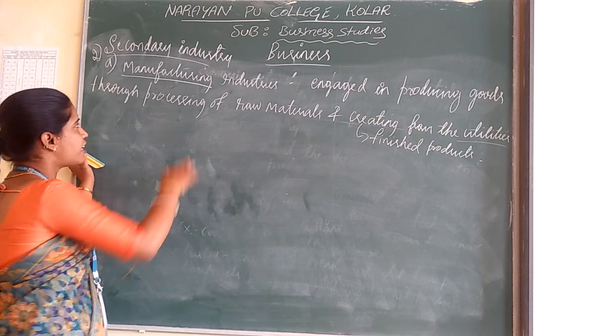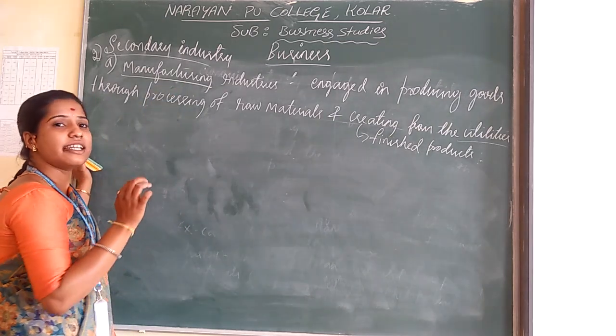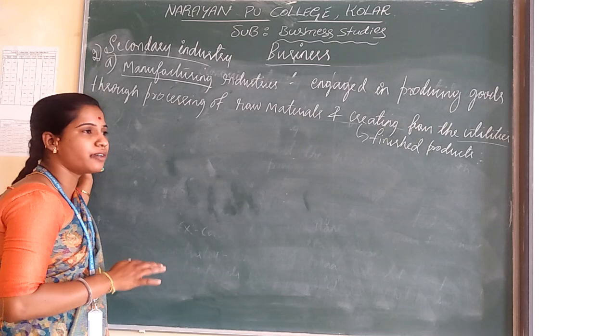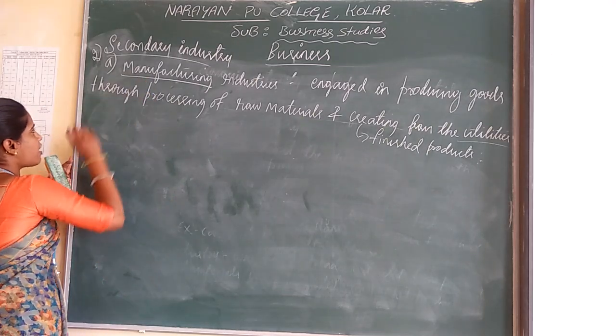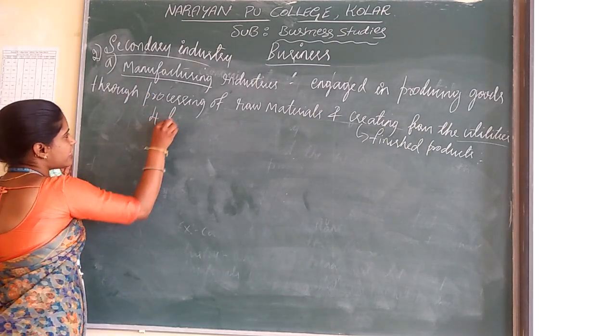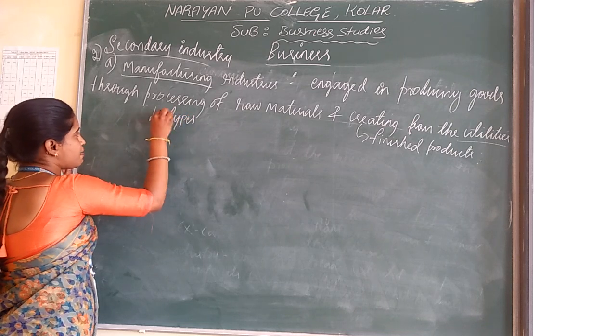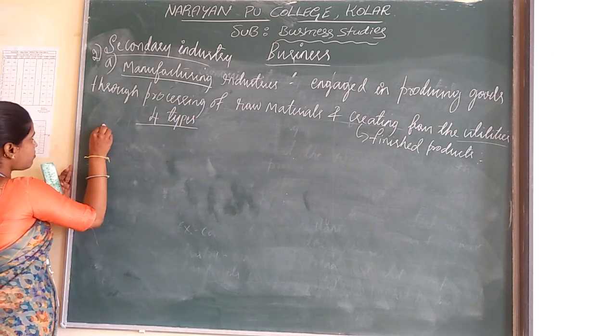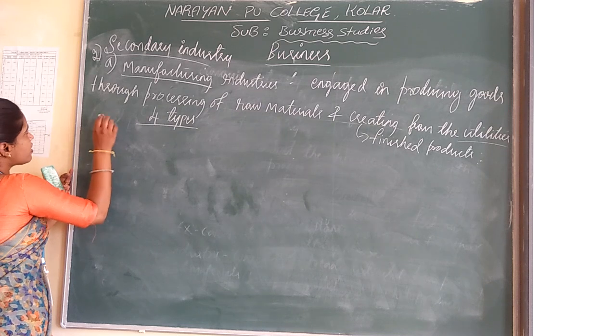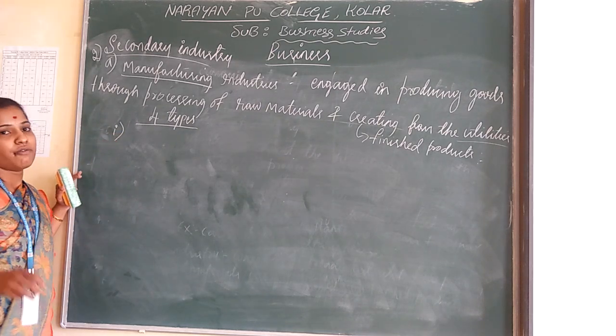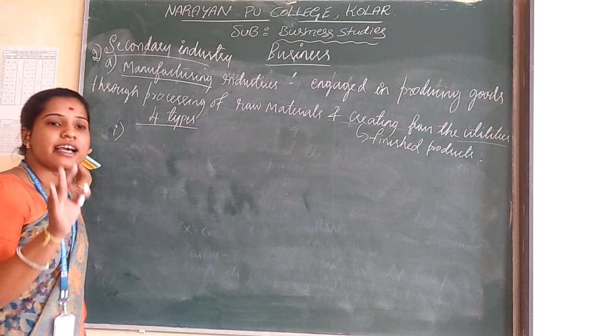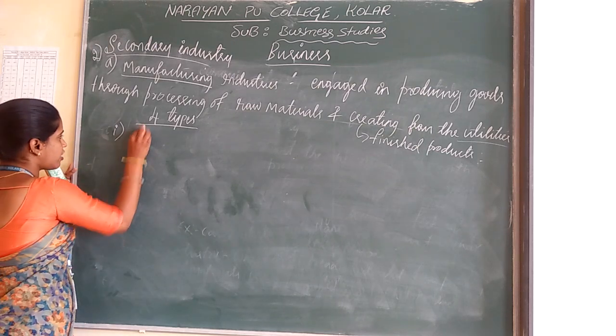And the next one is that manufacturing industries can be broadly classified into four types. The first one is analytical industry.